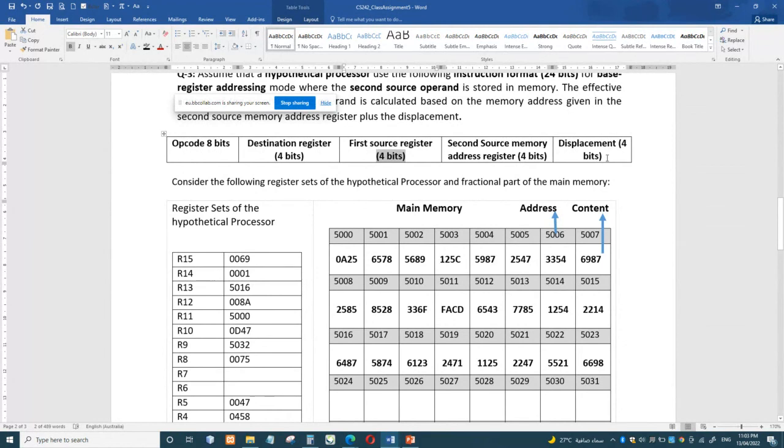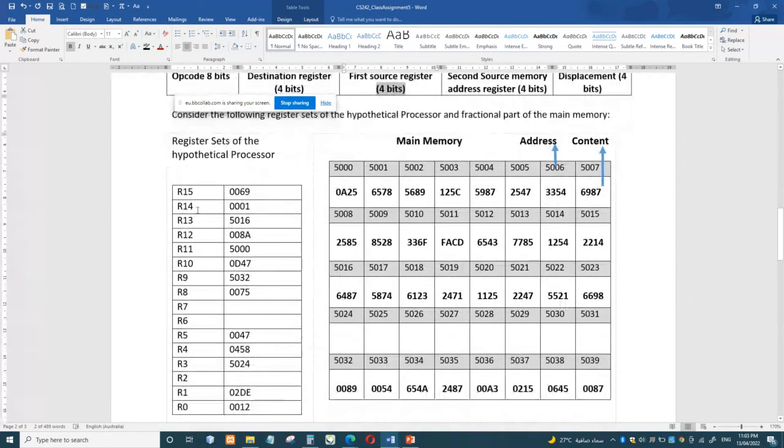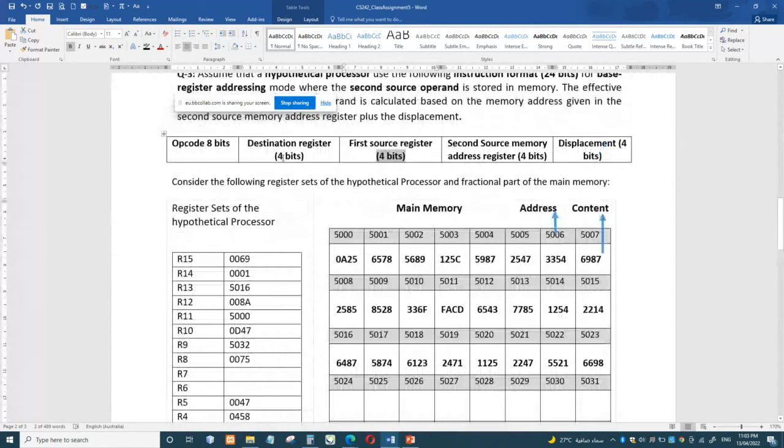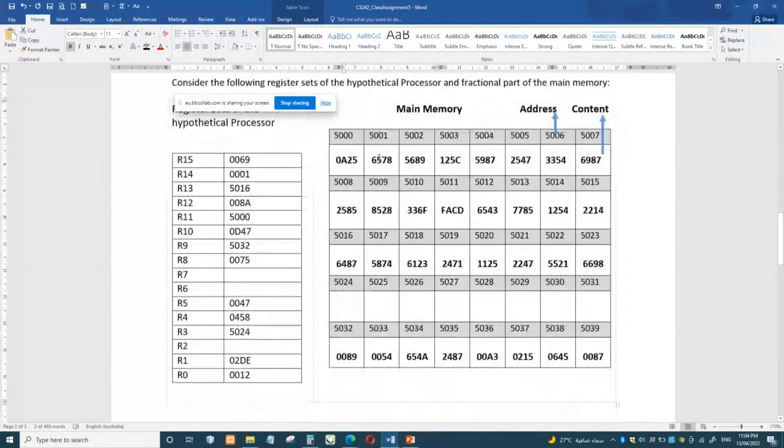The displacement is given in the instruction itself, and the displacement will tell you how far you need to go from the base register. So this is your register file, 16 registers are there, and that's why every register uses 4 bits. Using 4 bits you can refer to any one of the 16 registers.